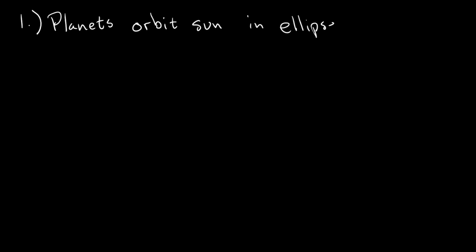The first law is that planets orbit the sun in ellipses, where the sun sits at one of the foci of the ellipse. The important thing about this one is that ellipses are 2-dimensional things, so we can treat it as a 2D problem.